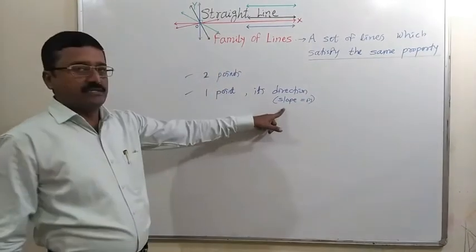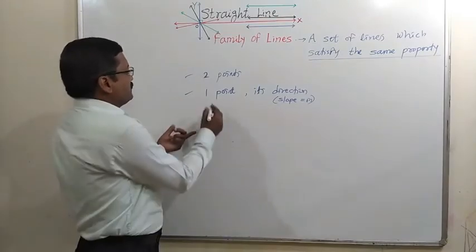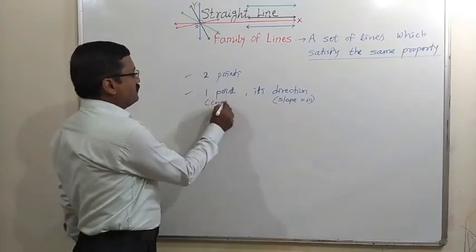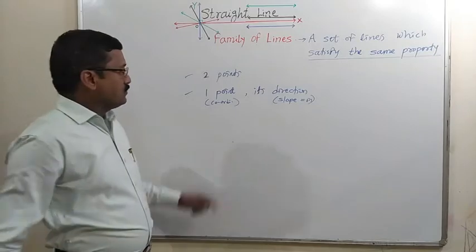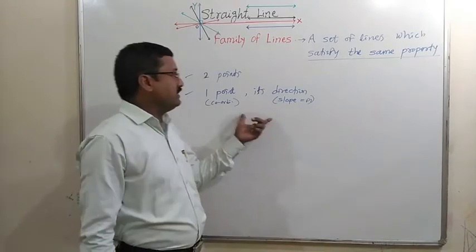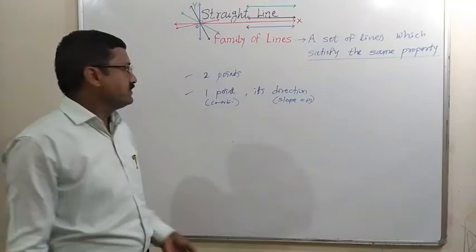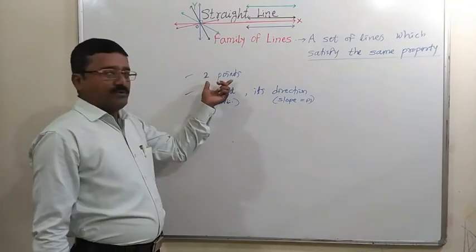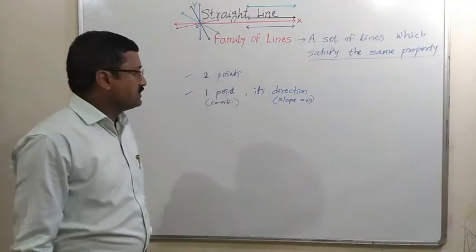So slope gives us direction, and the 1 point means coordinates of a point. Whenever coordinates of a point and slope of line are given, then and only then we can draw a fixed line. Otherwise, if 2 points are given, then we can fix a line.